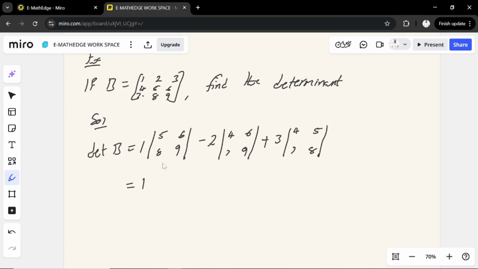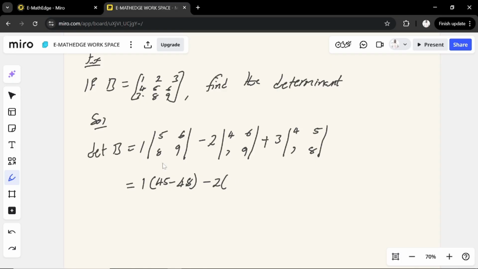So with this, it will now be easy for us to simplify such that we are going to have 1 multiplying 5 multiplied by 9. We are going to have it to be 45. 45 minus 8 multiplying 6, we are going to have it to be 48. Close the bracket, minus 2 into 4 multiplied by 9.